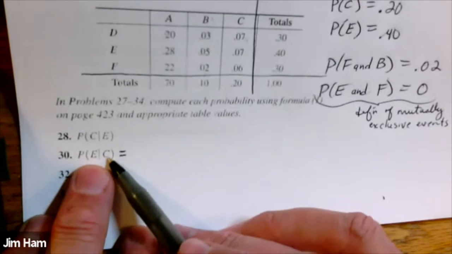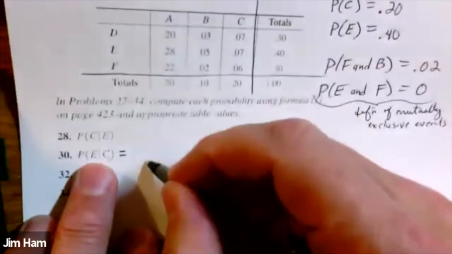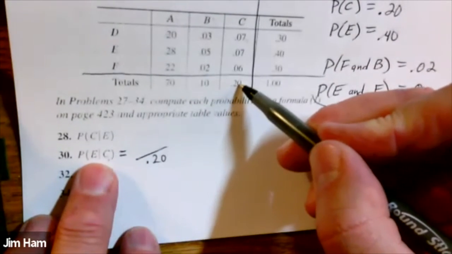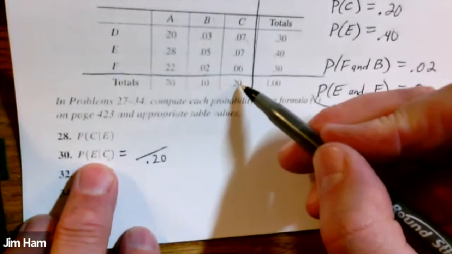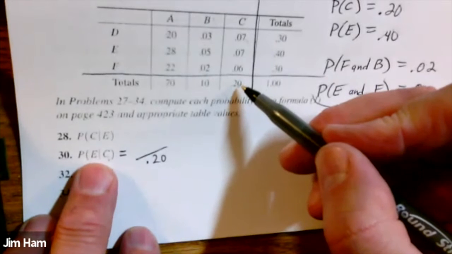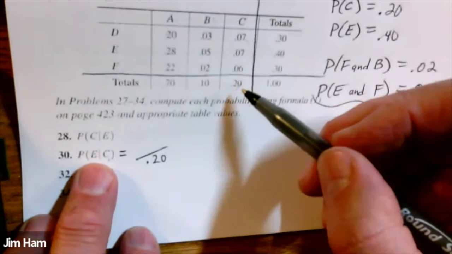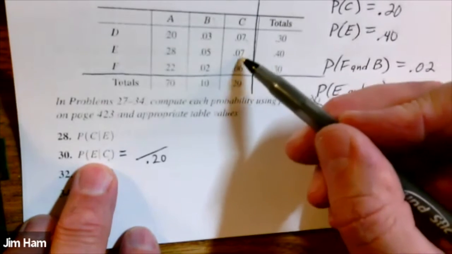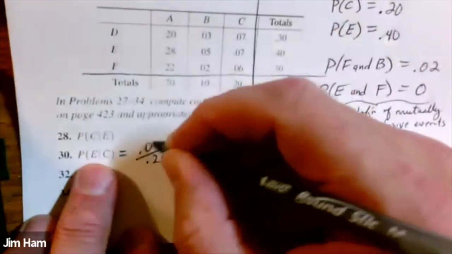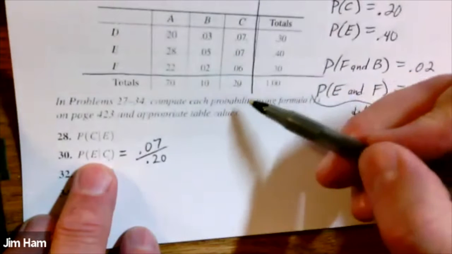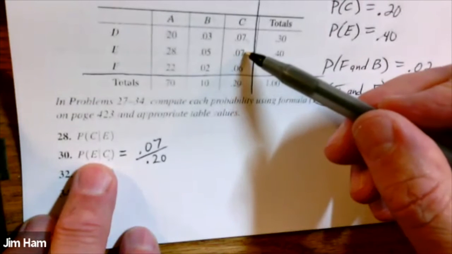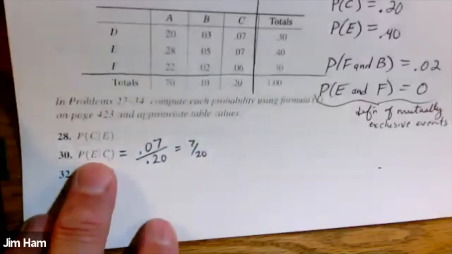So given C, we're talking about those 20% down here. This is all of C. Given those, what fraction of it corresponds to the probability of E given C? This one involves both E and C, so it's 0.07. 0.07 of the total 0.20 involves E. If you want, you can convert that to a fraction.